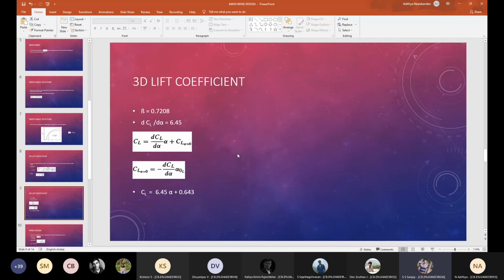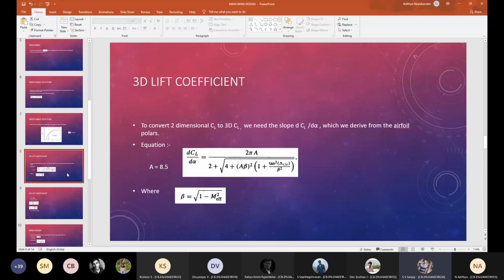Aditya, your 3D lift curve slope cannot be greater than 2 pi, as mentioned by Kishore. It will be much lesser than that. So, sir has told you to check the calculations again, maybe there is some mistake. Also, 2 pi here is for thin airfoil theory. You have to use the 2D lift slope from the CL versus alpha curve plotted for your airfoil. You take that slope instead of 2 pi here. Okay, I'll look into it.